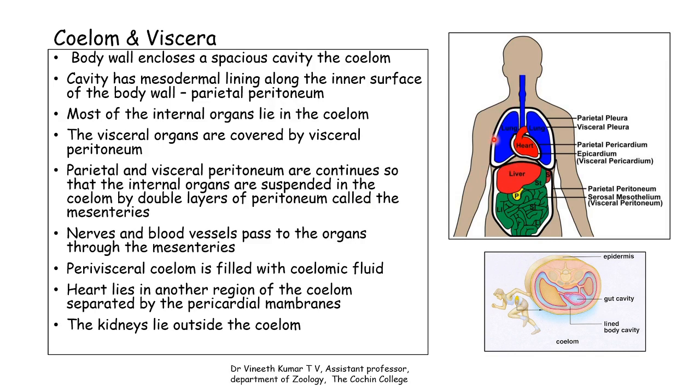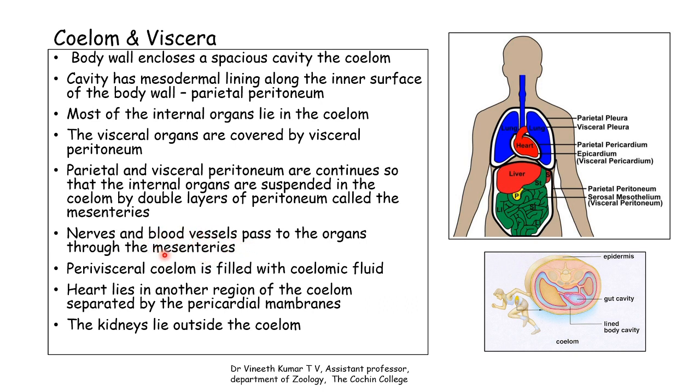So from here this is separate, and here these two join in every organ, and every organ seems to be suspended in a double layered membrane, and that connection of the double membranes is called the mesenteries. The nerves and blood vessels pass to the organs through these mesenteries.